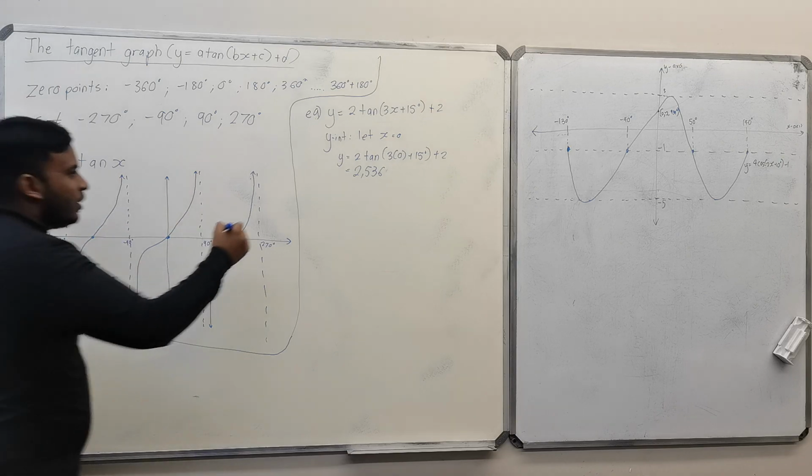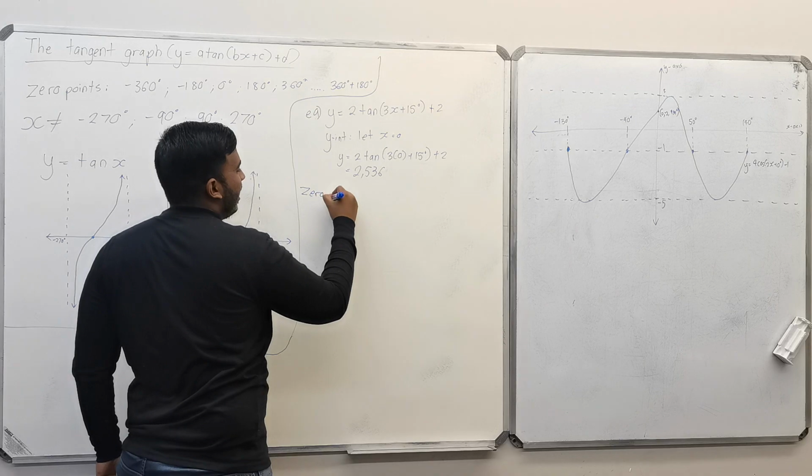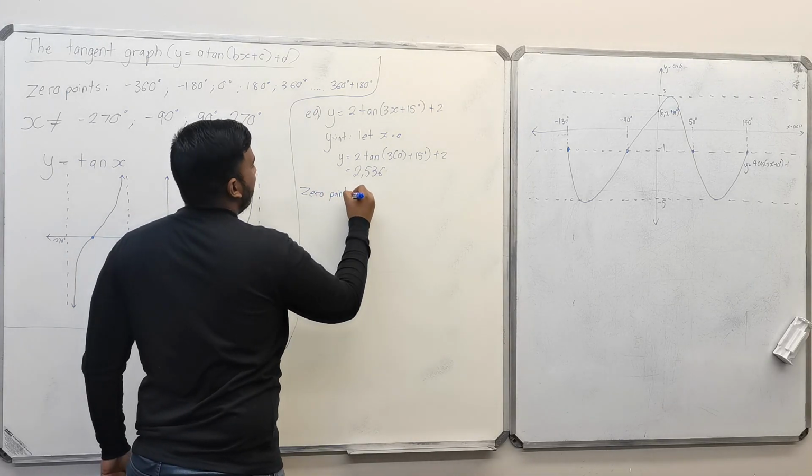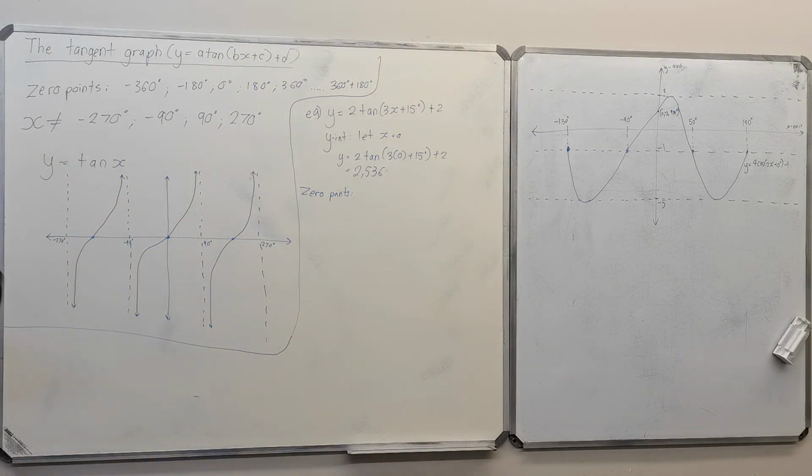So let's do 0 points, and I'm only going to do between negative 180 and 180. If they give you a bigger range, like between negative 360 and 360, you'll obviously have to work out more values. I'm giving you a range of negative 180 and 180, right?